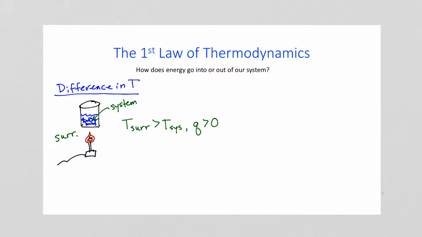Here, our Bunsen burner is part of our surroundings, so this temperature is greater than the temperature of our system. So heat is going into our system, which means from the perspective of our system, heat is greater than 0, or Q is greater than 0. We can make a little arrow there that shows us Q going into our system, or Q is greater than 0.